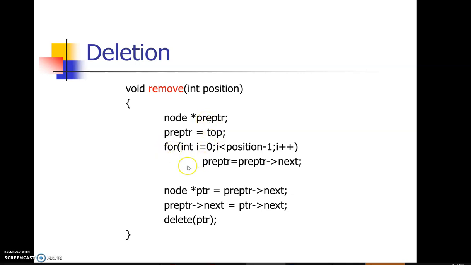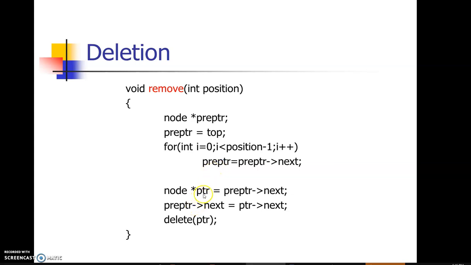The same loop goes through the positions until position minus 1, indicating where the pre-PTR location is going to be. Until we do that, we will just keep moving, making pre-PTR equal to pre-PTR next. So we will be able to move to the next location until we find the pre-PTR location.